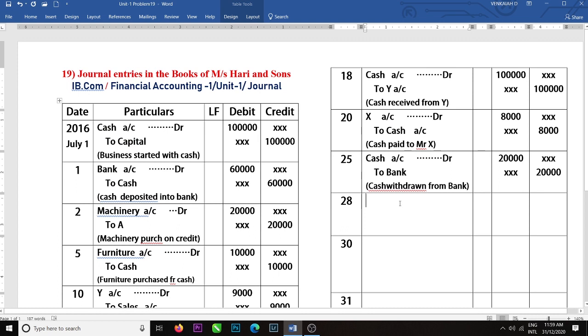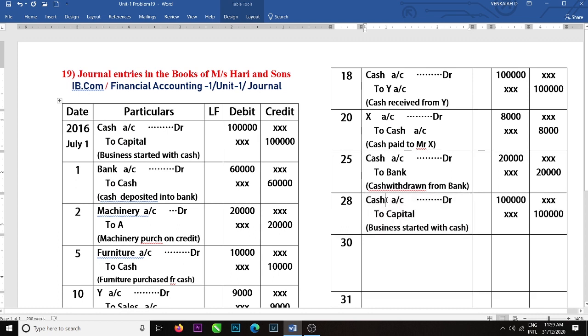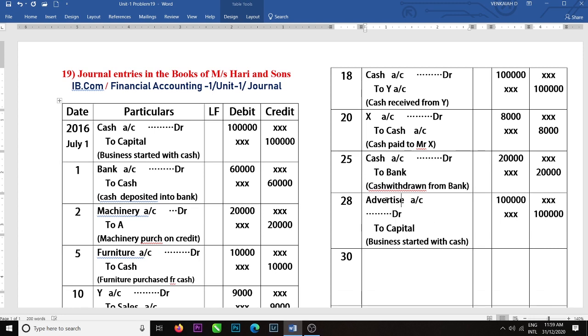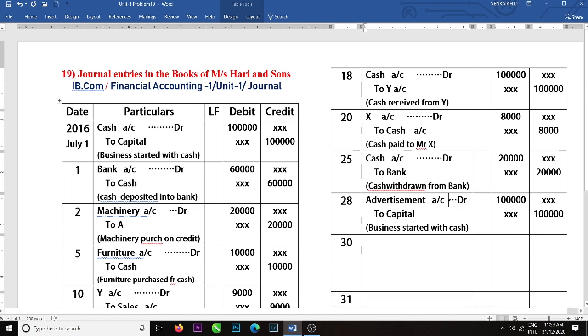When I pay advertisement expenses, I am giving cash to TV9 or somebody else. So the entry is advertisement account debit to cash account.